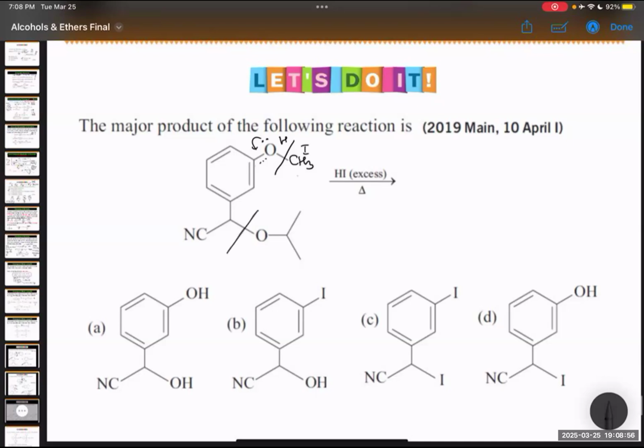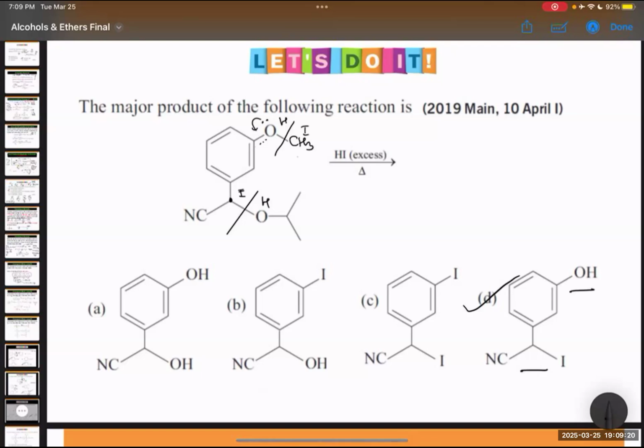Here I'm going to break it, because oxygen is not directly linked to benzene. So H and I. Understood? So here you are going to put the CN and I and OH. This is going to be the answer. Right? I hope this is clear.